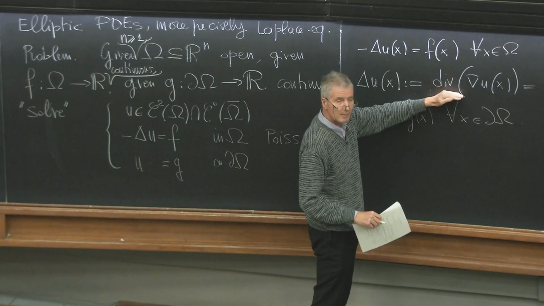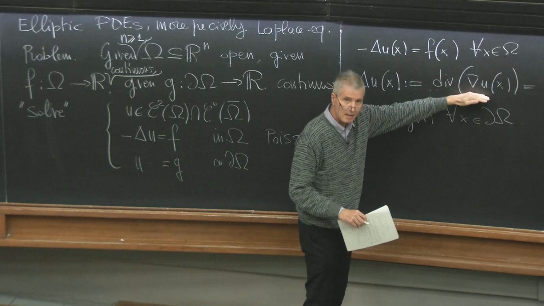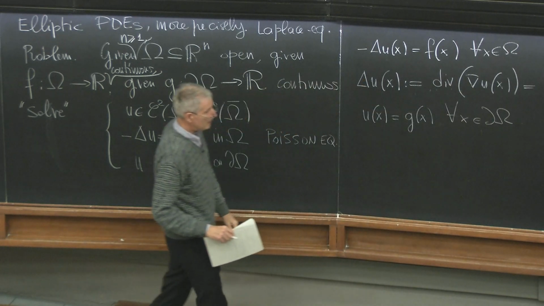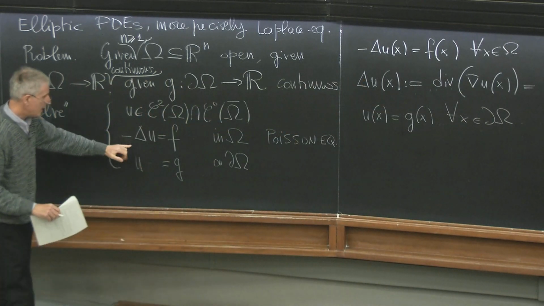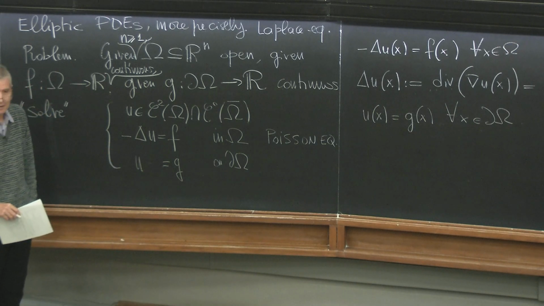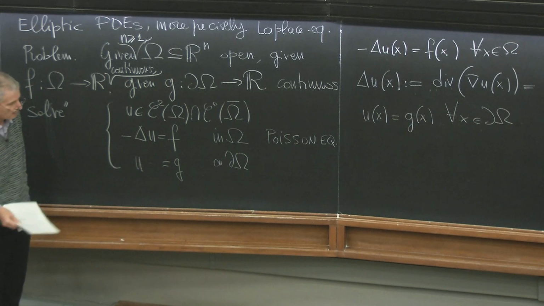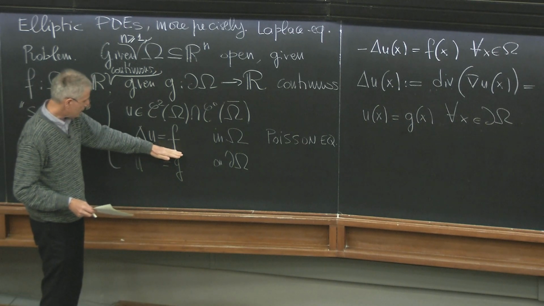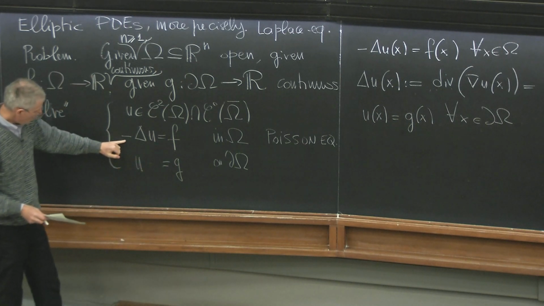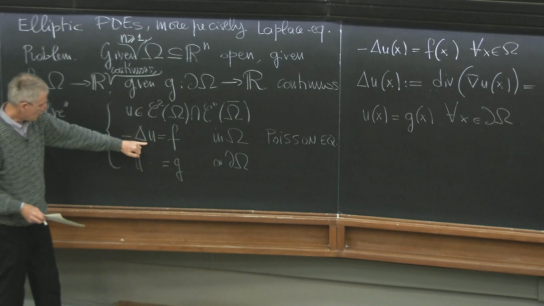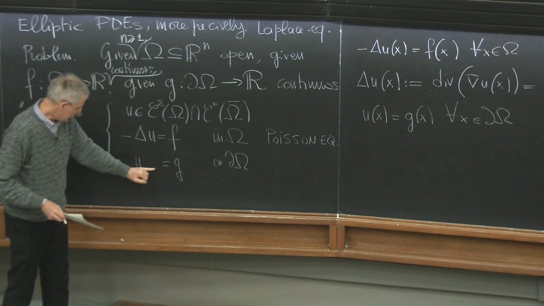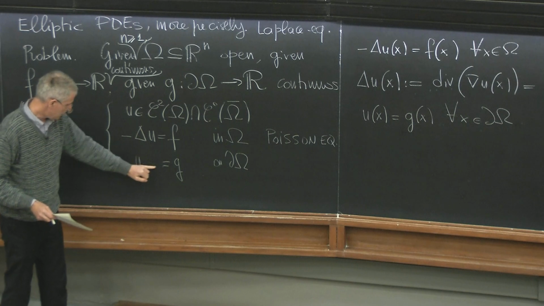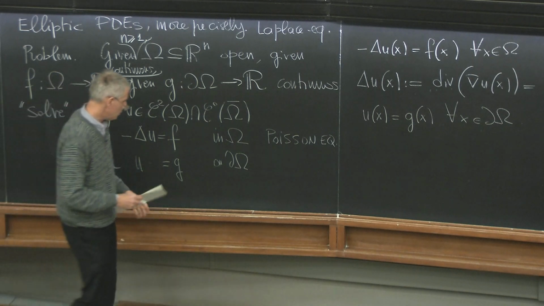So it's very fundamental that this is the divergence of something. And you can find applications in physics, in electromagnetism, and several other places. Okay, I skip all the physics behind. So this is called the Poisson equation, and this is called the Dirichlet boundary condition.